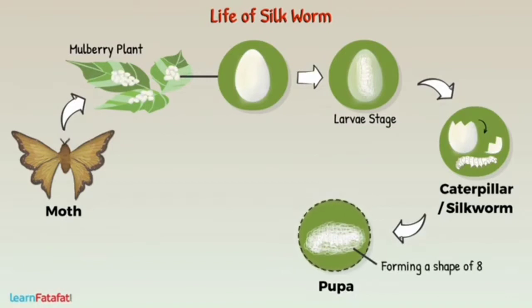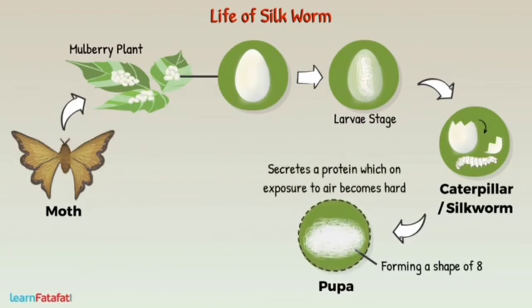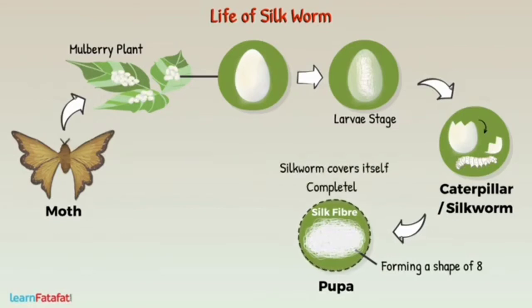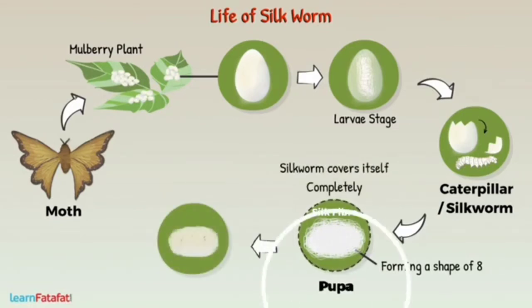Inside this pupa, the silkworm forms a shape of 8. It makes a cocoon around the pupa, secreting a protein which on exposure to air becomes hard. The silkworm covers itself completely by this cocoon.